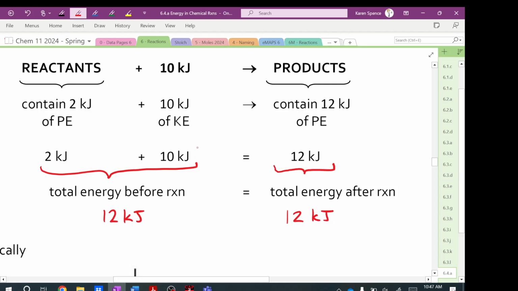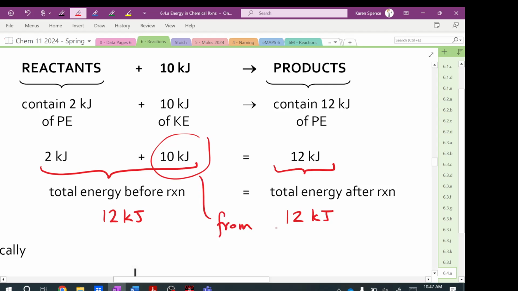Where do you think this kinetic energy might have come from? Heat. That's going to be heat. So that would be like a hot plate or a flame, or even just the heat of natural room temperature. It might suck some of the temperature out of the room.